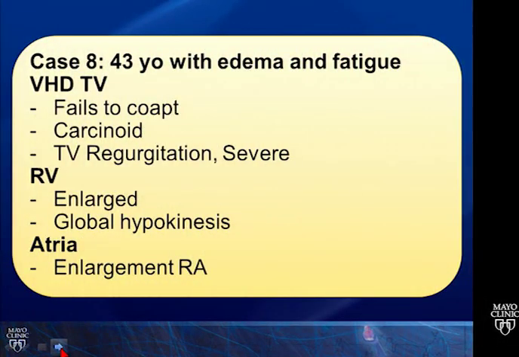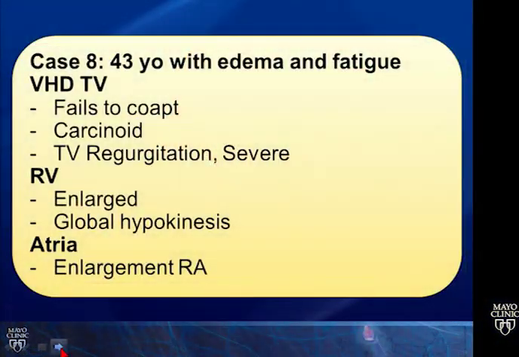All right. So what we coded in this case was a 43-year-old woman with edema. We went right away, we recognized something's wrong with the tricuspid valve. It fails to coapt. It was just sitting across the right ventricle from each other, and it wasn't coapting at all.